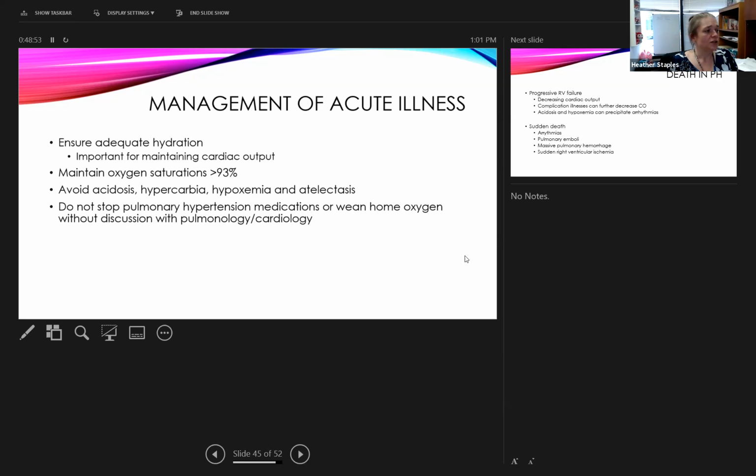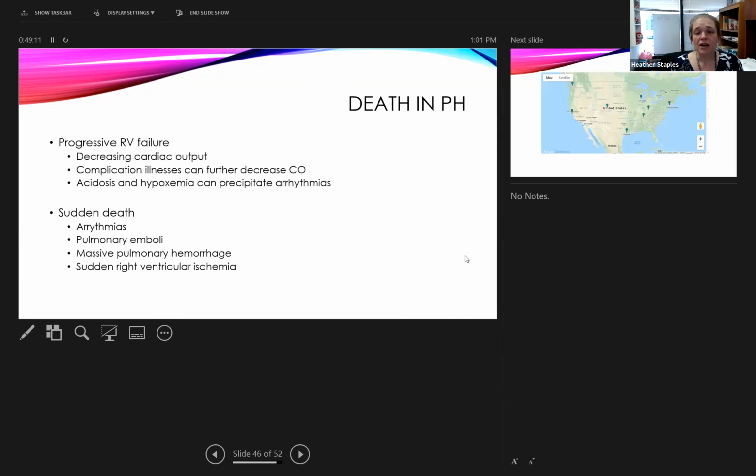The other thing is, don't stop any of their medications or wean their oxygen from their home level unless you've talked to pulmonary or cardiology, because most likely that oxygen is part of their pulmonary medication regimen. We had somebody come in when I was a resident who, looking back, I'm pretty sure was on subcutaneous pH medication.